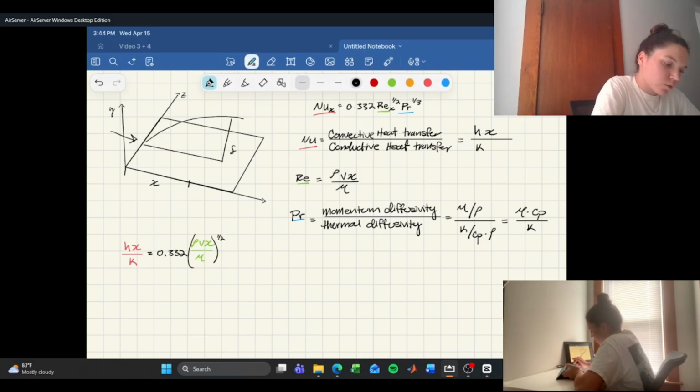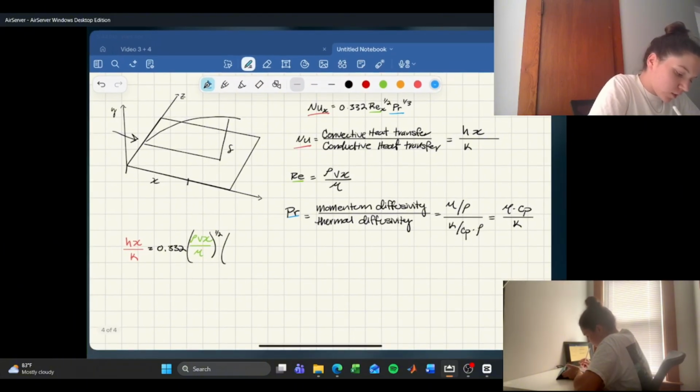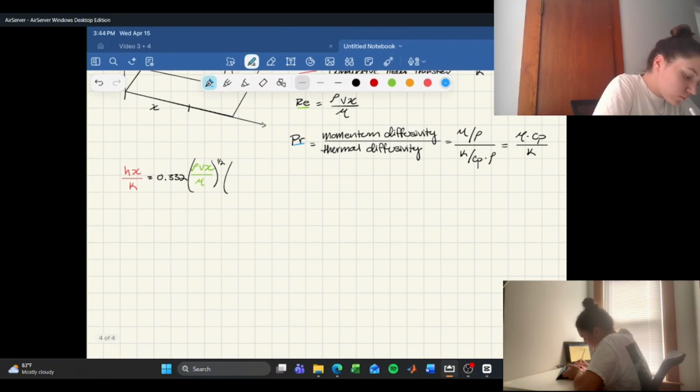And then the Prandtl number, which we said was viscosity times the heat capacity over the thermal conductivity, to the 1/3 power.